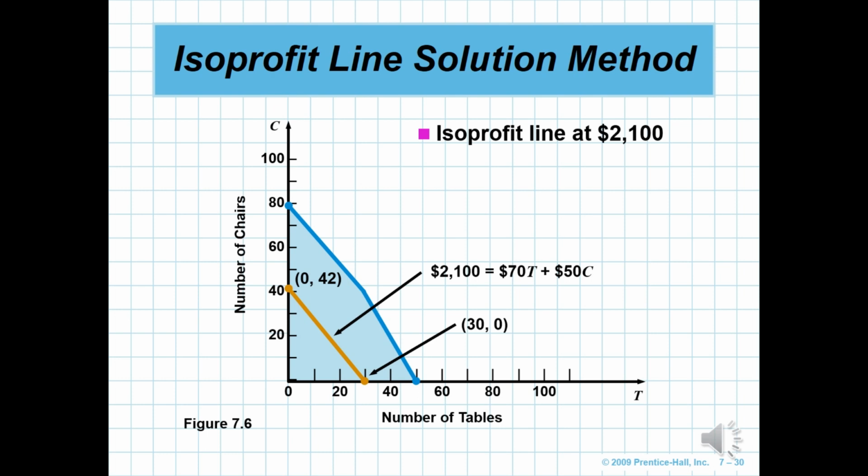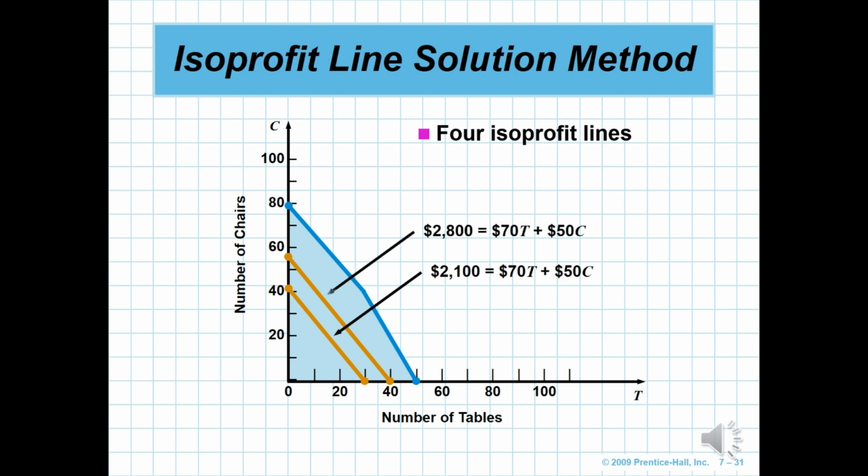So we have two coordinates here and draw the line, and now we move it using the ruler, a little bit above, until you reach the maximum touch of the feasible region line.